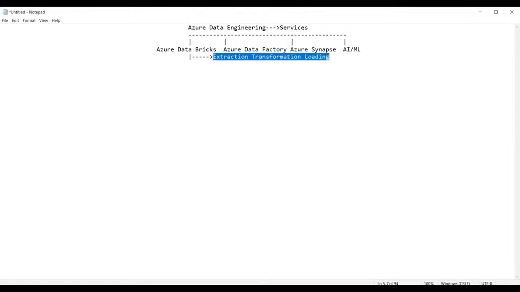Guys, let us try to understand this extraction, transformation, and loading first.